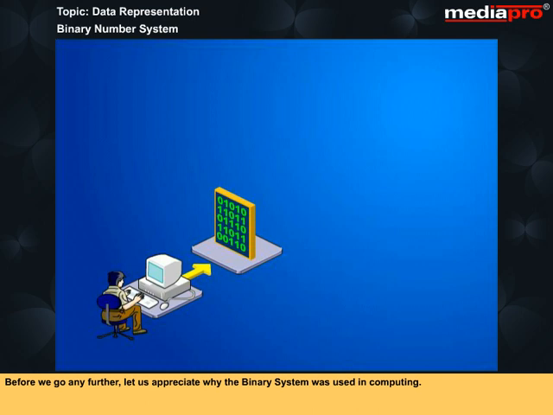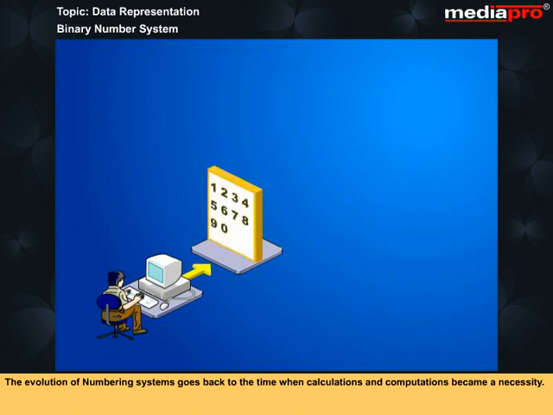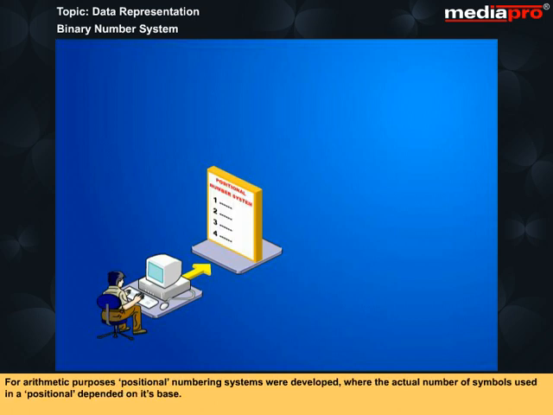Before we go any further, let us appreciate why the binary system was used in computing. The evolution of numbering systems goes back to the time when calculations and computations became a necessity. For arithmetic purposes, positional numbering systems were developed, where the actual number of symbols used in a positional system depended on its base.